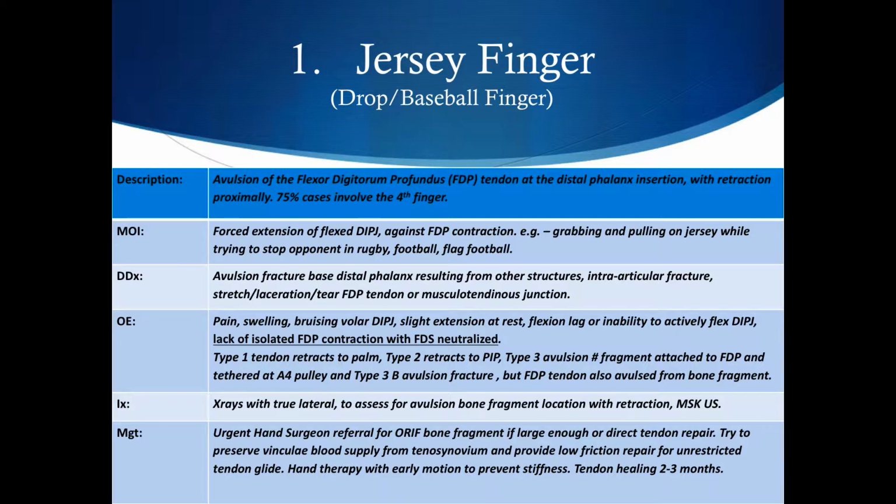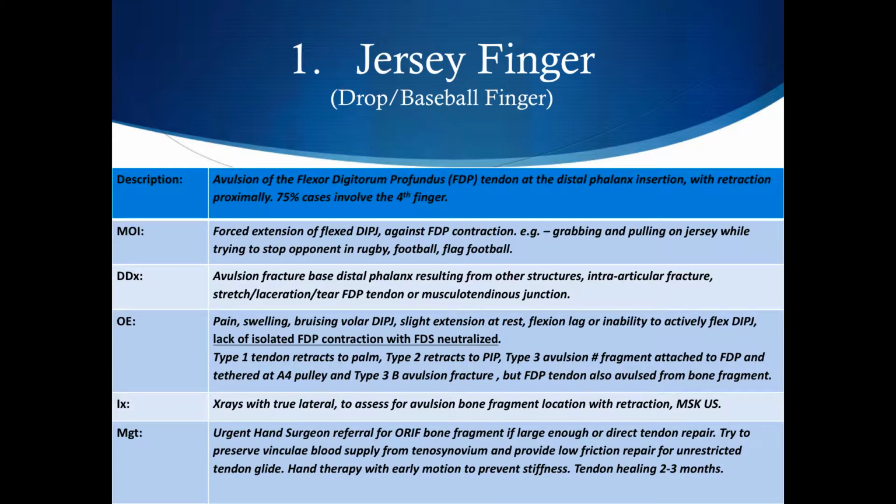There's usually slight extension at rest and flexion lag with inability to actively flex the DIP joint. The hallmark finding would be lack of isolated FDP contraction with neutralization of the flexor digitorum superficialis contraction.